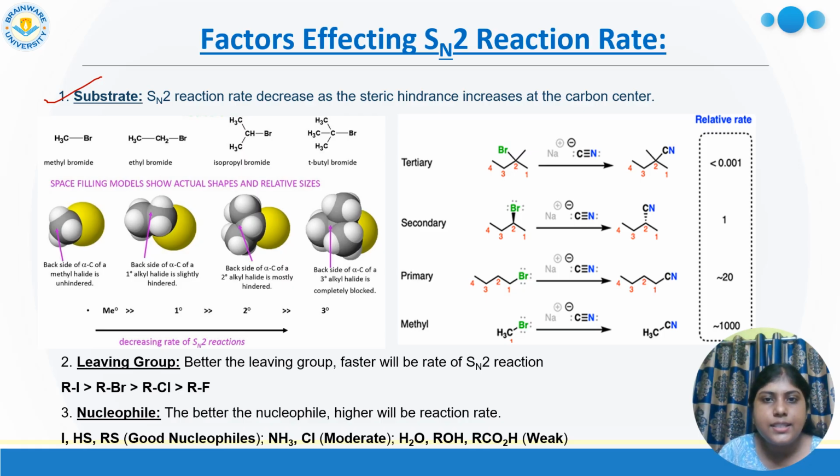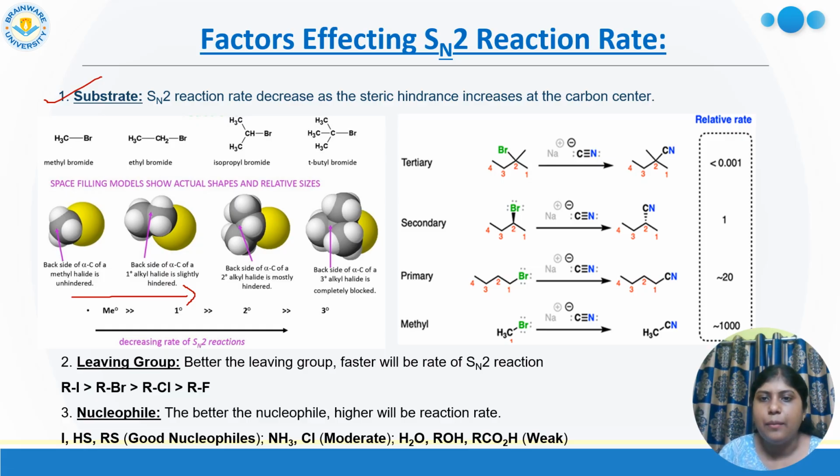So with increasing steric hindrance, the probability of SN2 reaction decreases. Here you can see the steric hindrance increases, so the rate of reaction decreases.